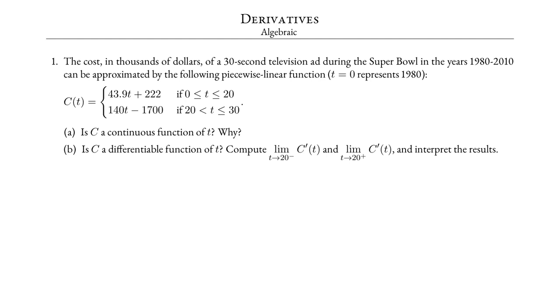Is C a continuous function of t? Why? Recall that a function is continuous if the limit as x goes to a of f(x) equals f(a). This is the working definition of continuity at x = a. To answer this question, part A, we need to find the limit, and we also need to evaluate the function at a.